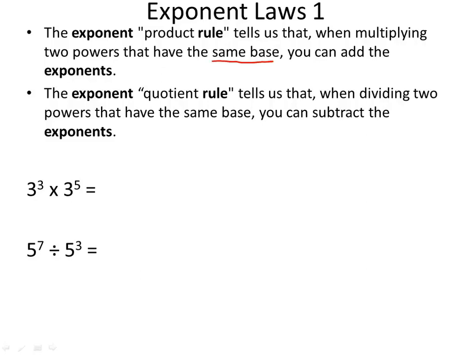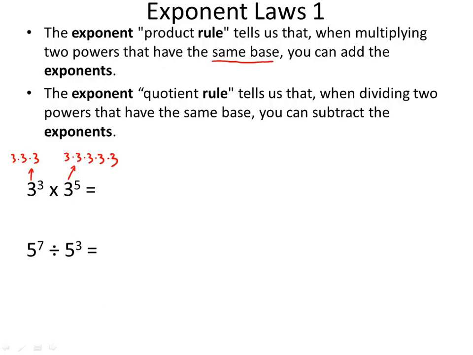We have 3 to the power of 3 times 3 to the power of 5. So 3 to the power of 3, we know from our previous lessons, means 3 times 3 times 3. And 3 to the power of 5 means 3 times 3 times 3 times 3, so we have 5 times.